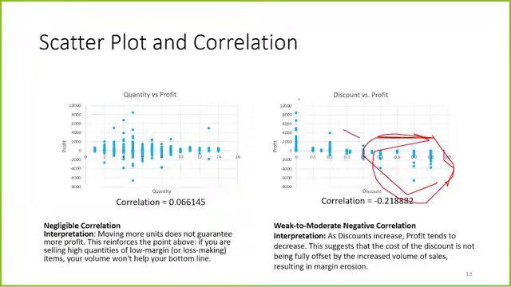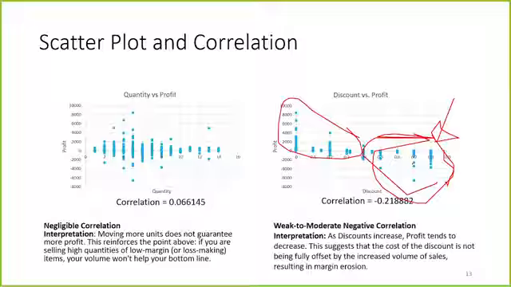And if you didn't give a high discount, you gave a small discount, you likely get more profit. So it suggests that maybe the cost of the discount is not offset by the profit margin. It seems that this discount might not be profitable and should be reconsidered.